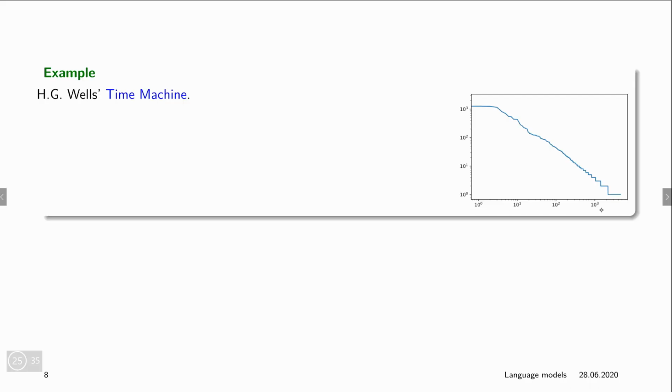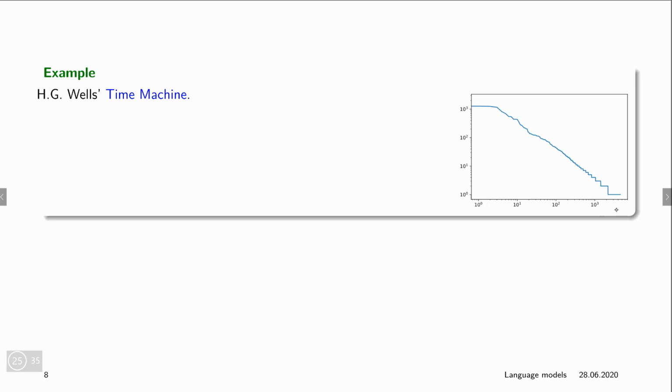So in order to look at properties of text, let's look at an example corpus, namely Time Machine by H.G. Wells. What we see here in this plot is the index of the words, where the words are sorted by the number of occurrences.